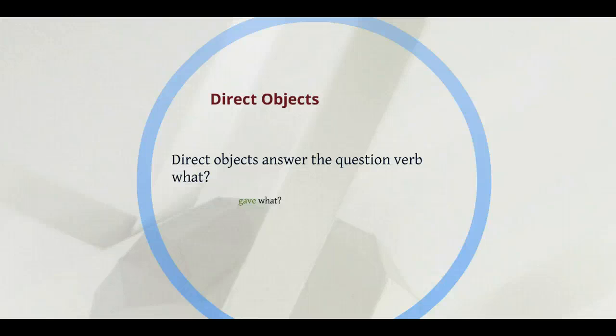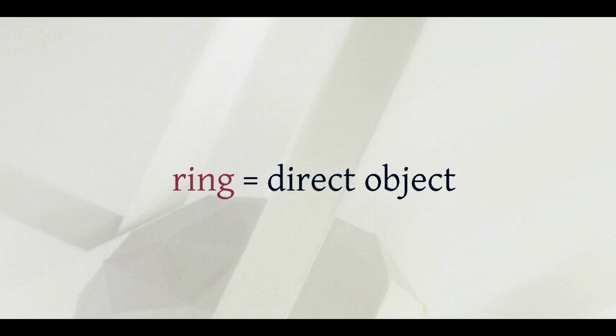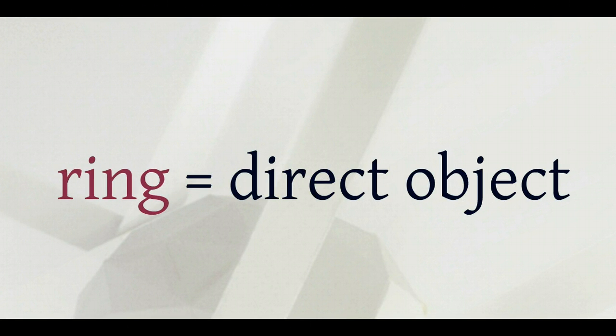If I take my verb from our sentence, Jim gave Amy a ring, gave is the verb, so I'm inserting that in, and I say gave what? What did Jim give? Well, Jim gave a ring. So the ring would be my direct object in that sentence. That is what Jim gave. Jim gave a ring.